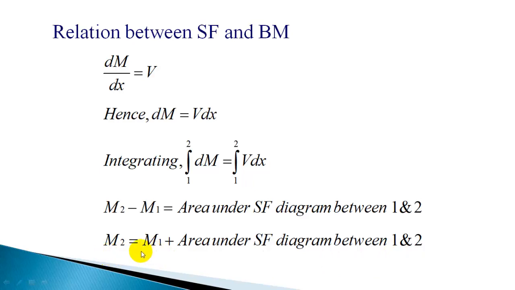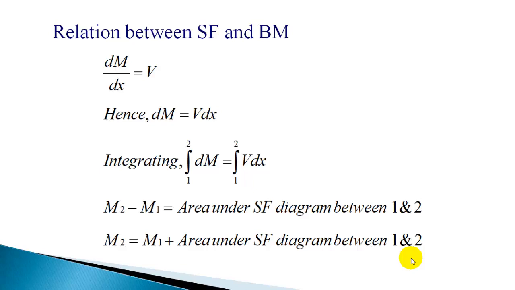If you know the bending moment at the previous location or any particular location, then adding the area of the shear force diagram between the two sections gives the bending moment at that point. So to calculate the bending moment at section 2, we can use this formula: bending moment at section 2 is equal to bending moment at section 1 plus area of the shear force diagram between section 1 and 2.